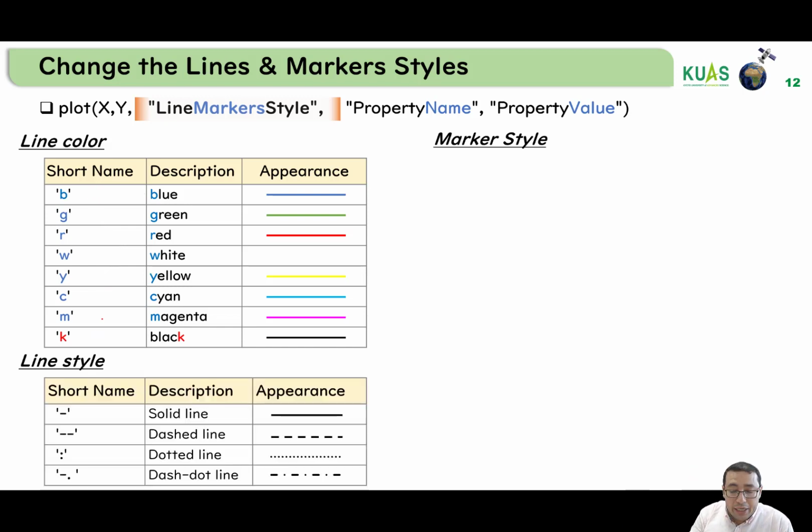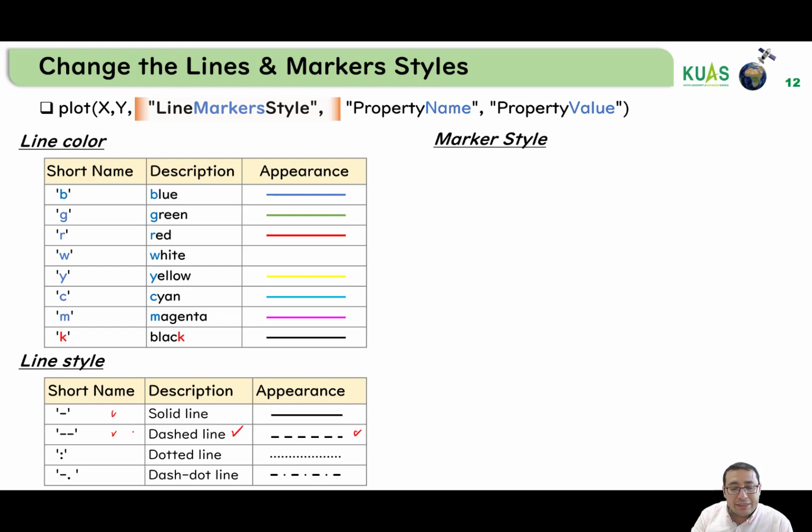For the line style, we have the solid line, which is straight solid line. The short name is just dash. And for the dash line, which is dash, dash, dash, dash, dash, as shown here, we will write in the short name dash, dash. So for the solid line, it's only one dash.